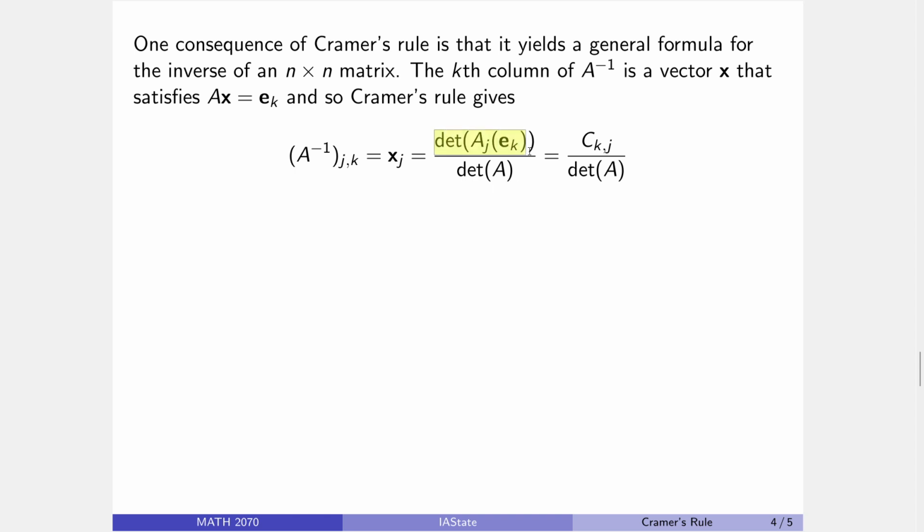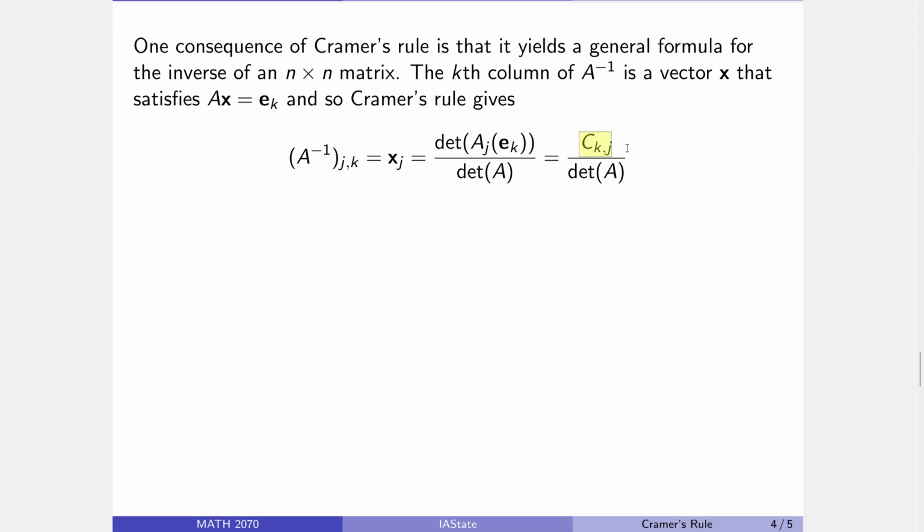And if you carefully look at this, if we were to cofactor expand on the jth column, note that what we'll pick up is the cofactor, note, starting with k and j instead. So it takes a little looking at this to actually see that this is in fact what you get, the cofactor here.